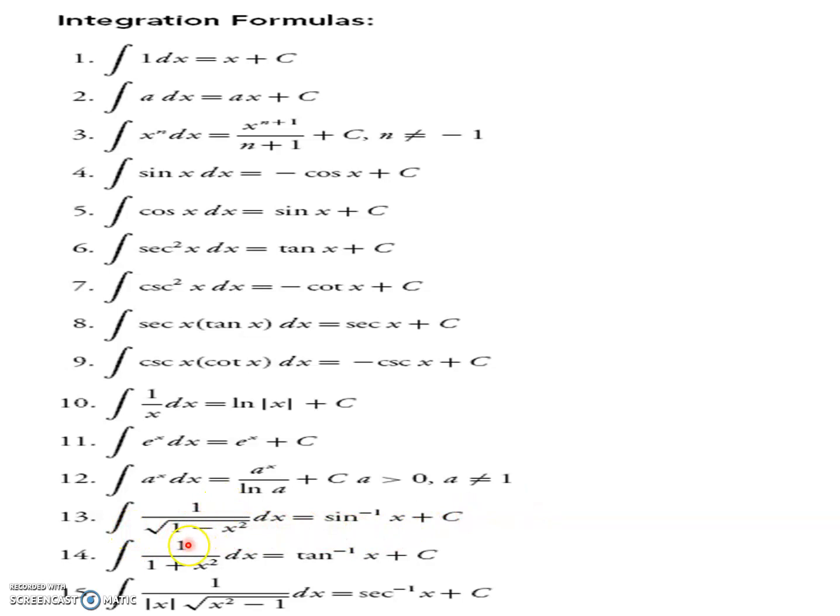Integration 1 upon under root 1 minus x square dx is equal to sin inverse x plus c. Integration 1 upon 1 plus x square dx is equal to tan inverse x plus c. Integration 1 upon x under root x square minus 1 dx is equal to sec inverse x plus c.